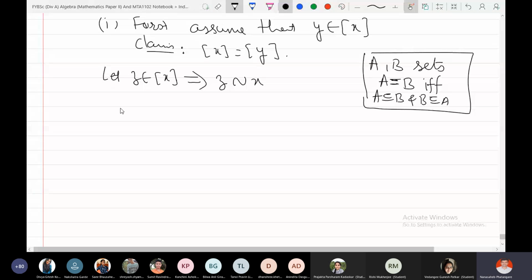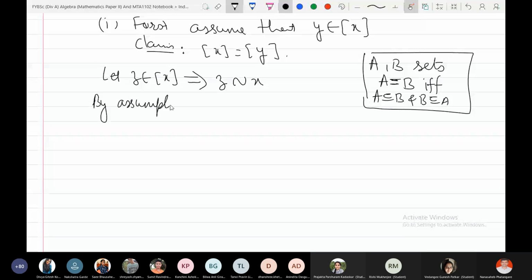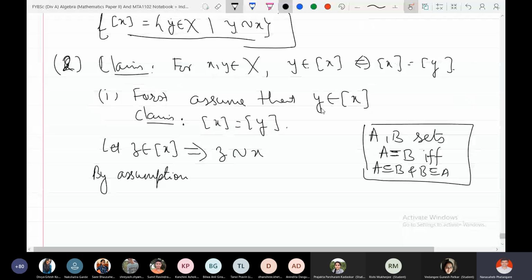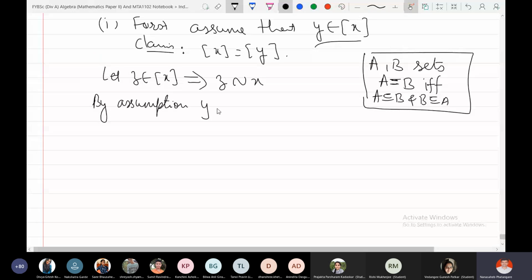So, given by assumption, what is the assumption here? Our assumption is y is a member of the class of x. Under this assumption, we want to prove that their classes are equal. So by assumption, y is a member of the class of x, and therefore by definition of class, y is related to x.